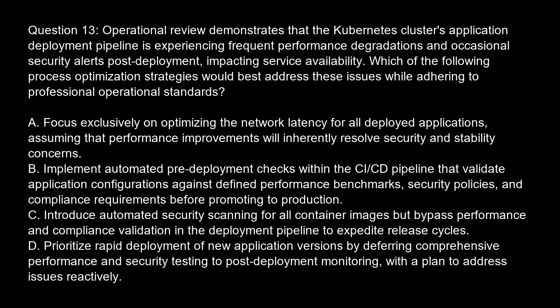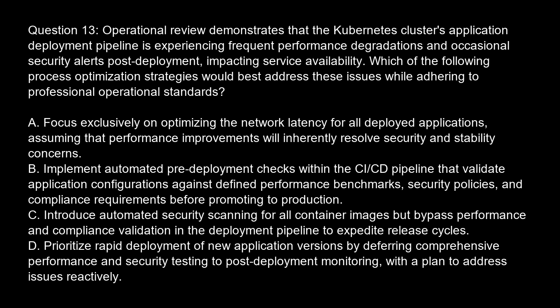Option A. Focus exclusively on optimizing the network latency for all deployed applications, assuming that performance improvements will inherently resolve security and stability concerns. Option B. Implement automated pre-deployment checks within the CI/CD pipeline that validate application configurations against defined performance benchmarks, security policies, and compliance requirements before promoting to production.